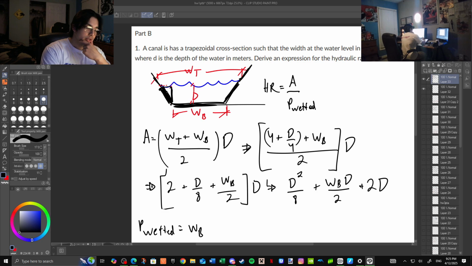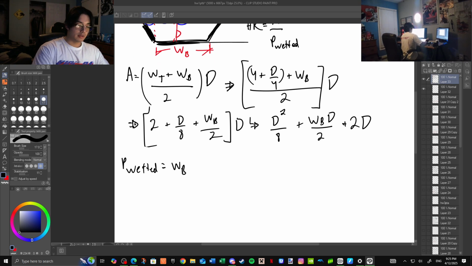In order to get this length, we need to treat this area right here as a triangle. The height would be D, and the width of this part would be the width of the top minus the width at the bottom, divided by 2, since we're only focusing on this side. If we didn't divide it by 2, we'd be accounting for both sides.